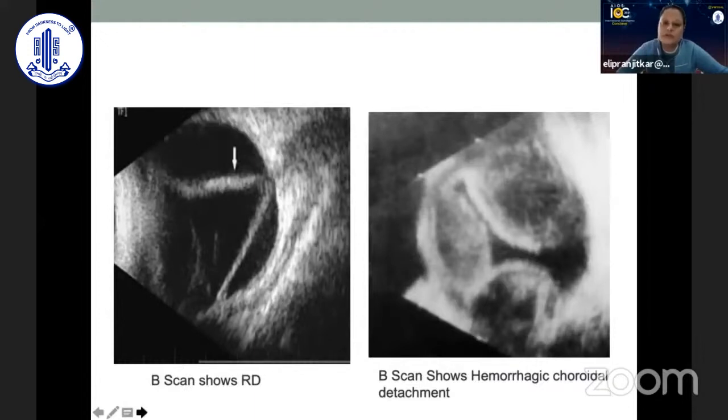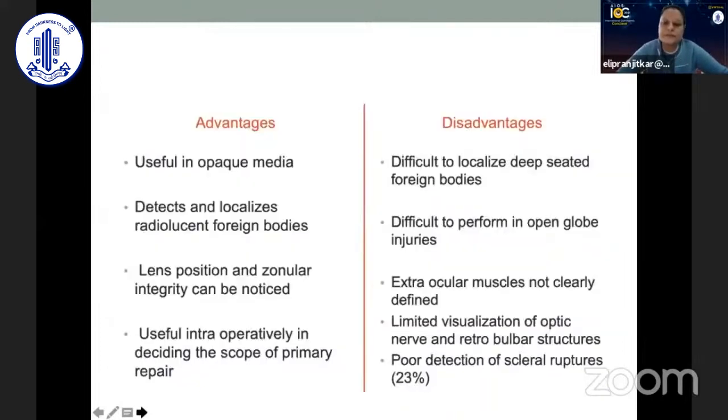This is the sign of acute retinal detachment. Echogenicity is consistent with blood. And this one is the hemorrhagic choroidal detachment.